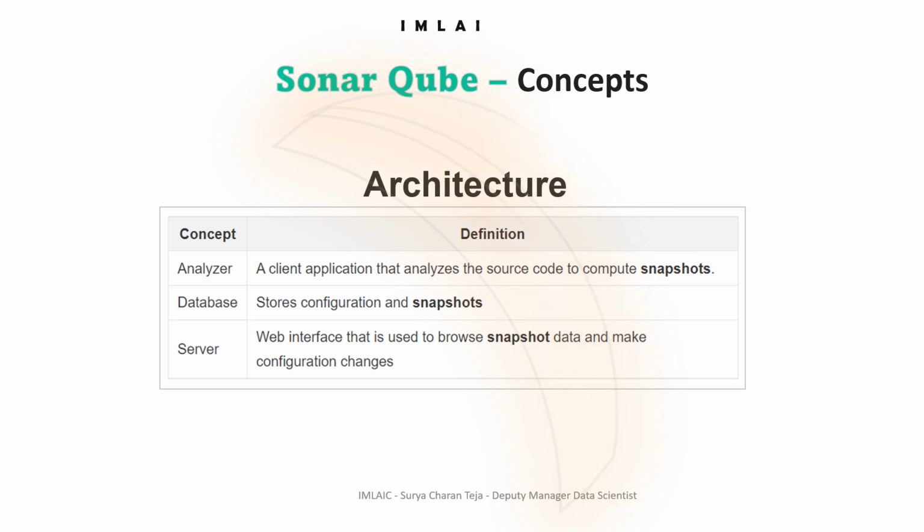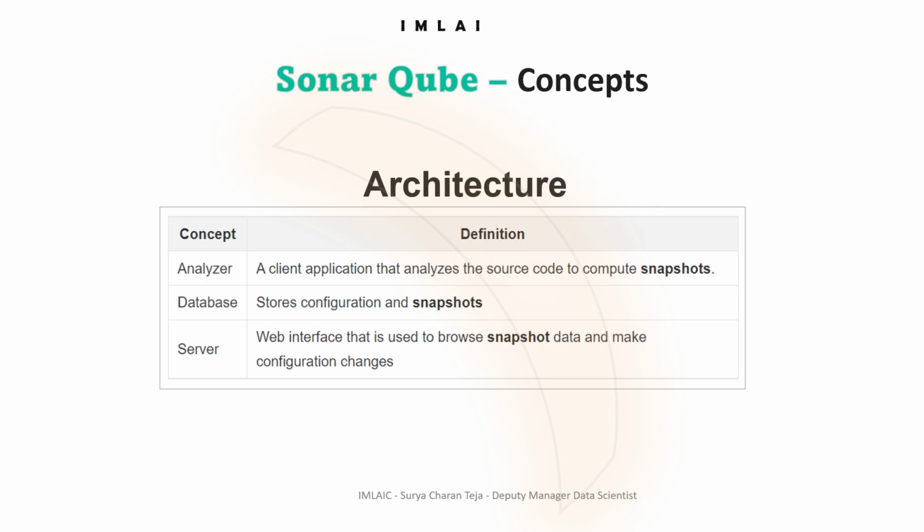It's a client application that analyzes the source code. That's what does the action. It will do the analysis of the source code, and then it will convert that analysis of each source code into a report, or we call it a snapshot. Now where will the snapshots be stored?